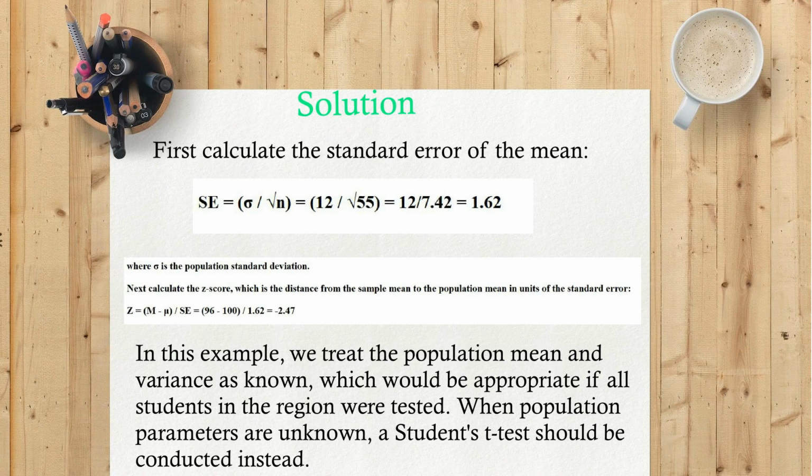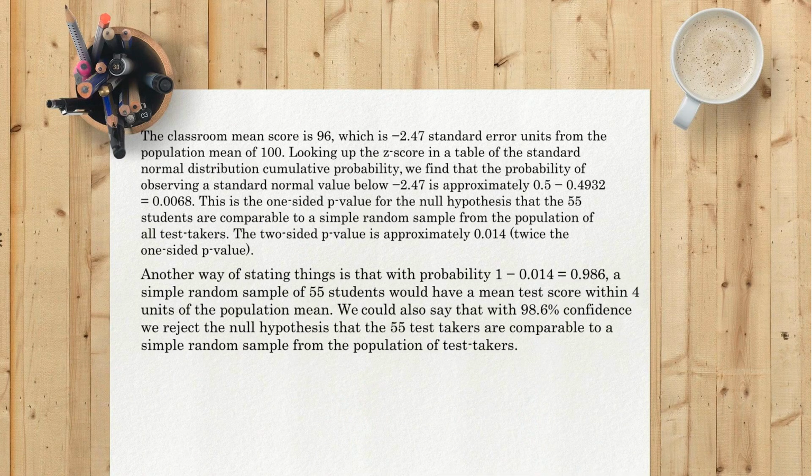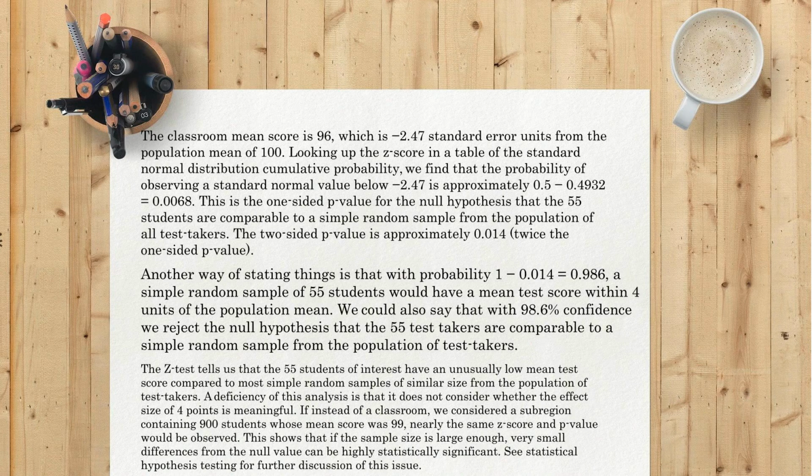In this example, we treat the population mean and variance as known, which would be appropriate if all students in the region were tested. When population parameters are unknown, a student's t-test should be conducted instead. The classroom mean score is 96, which is minus 2.47 standard error units from the population mean of 100.